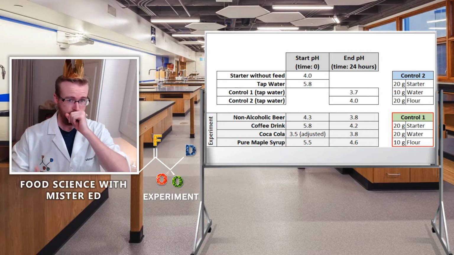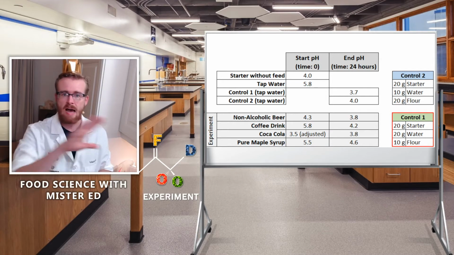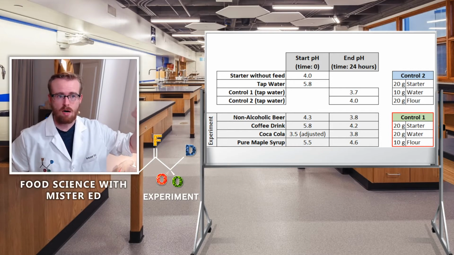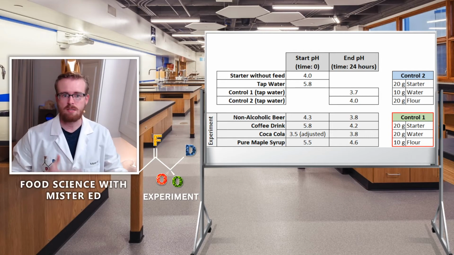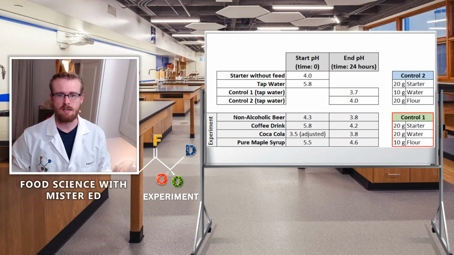What does one with coffee drink look like? What does the one with Coca-Cola look like? But before I do that, I needed to first understand which control was the best. Therefore, I'm going to use control number 2 to make my first ever sourdough bread, to get a feel for it. And once I get that done, I can scale it up from there and try these different experiments.